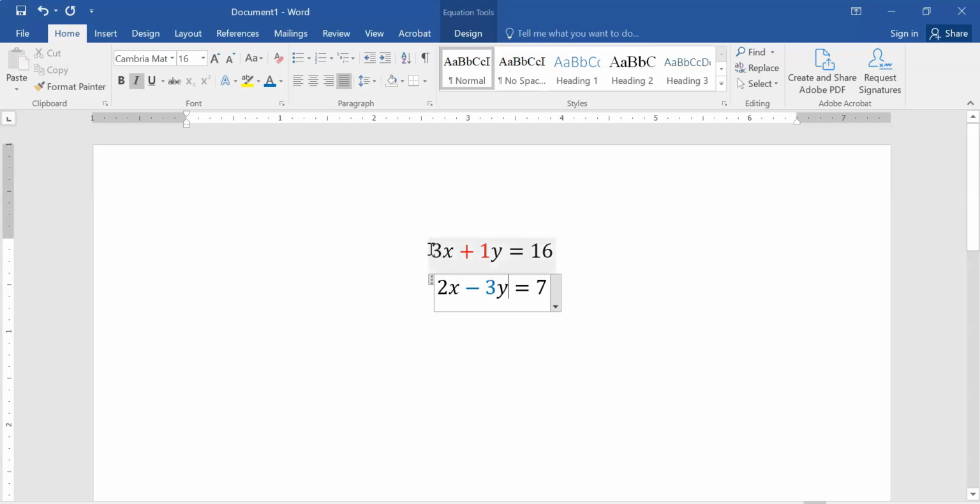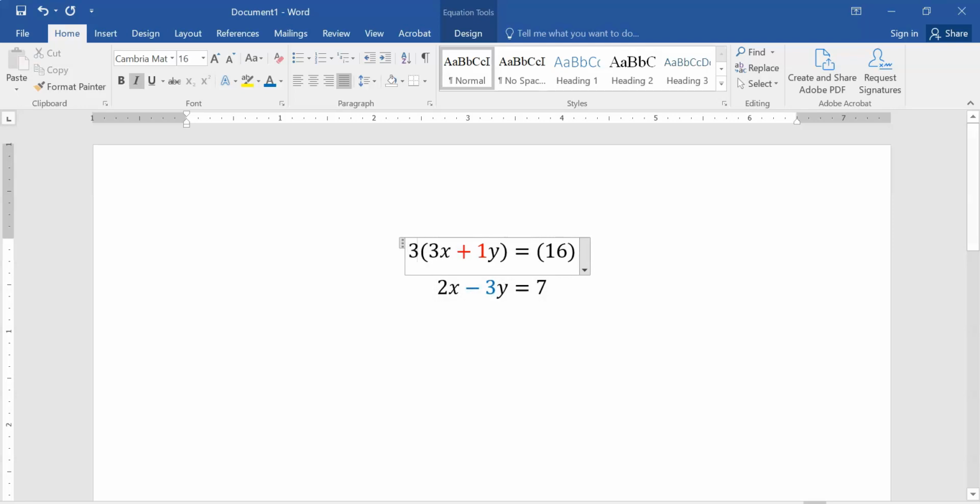So what we're going to do is on this top equation, in order to get the y's to be the same as the y's in the second equation, we're going to multiply both the left-hand side of the equation and the right-hand side of the equation by a certain number. Now that number is going to be related to this negative 3.